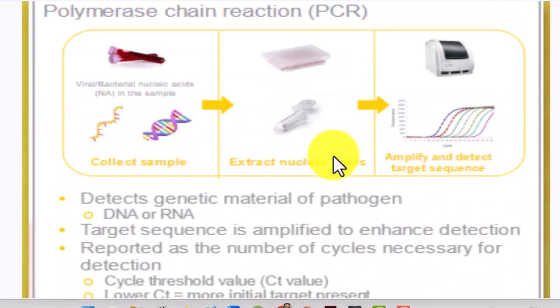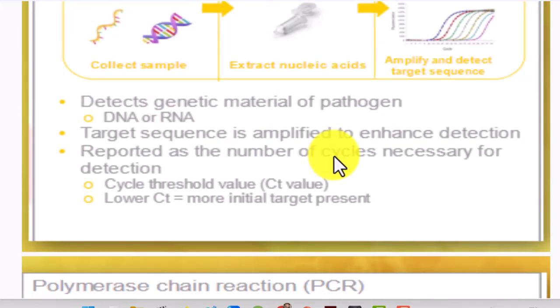Polymerase chain reaction. Detects antigenic genetic material of the pathogen, either DNA or RNA. The target sequence is amplified to enhance detection, based on the number of cycles necessary for detection. Cycle threshold value, CT value: the lower than a limit, the more initial target present.